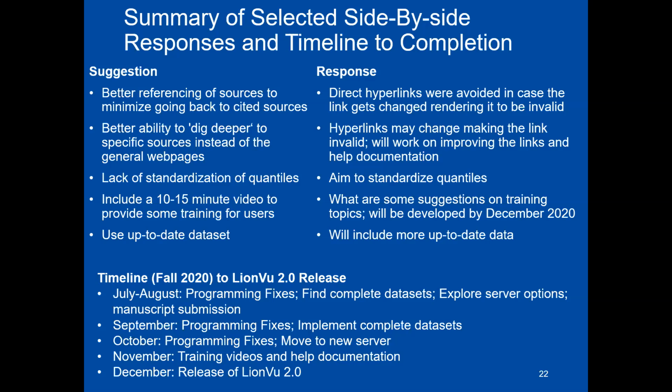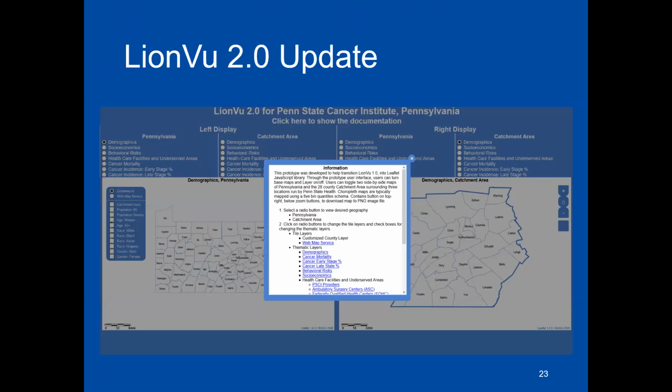October, programming fixes and move to a new server. November, training vehicles, videos, and help documentation. And December, release of LineView 2.0. The next slide is an example of something I developed yesterday on the LineView 2.0 update.